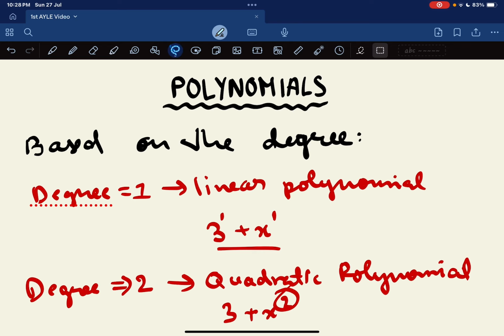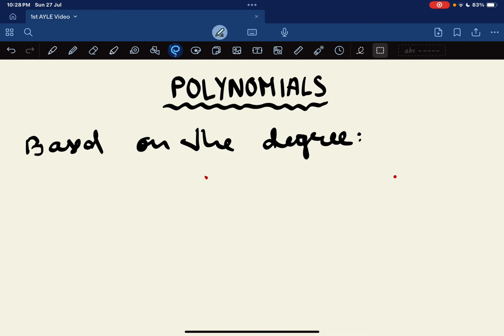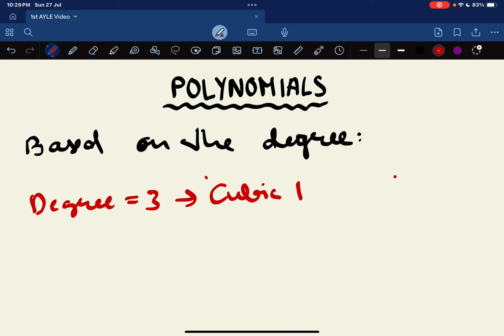Similarly, if our degree is equal to 3, then it is called a cubic polynomial.